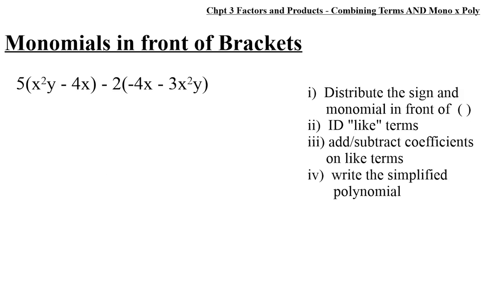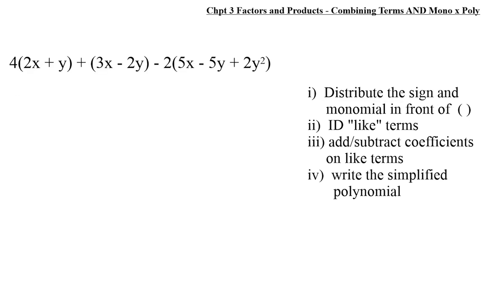Last one to take a quick look at is if you now start to put monomials in front of the brackets. Well, we're still going to distribute the sign, but what we have to add to this is we distribute the sign and the monomial that are in front. So if you take a quick look at this, how many multiplication steps would there be to get rid of brackets?